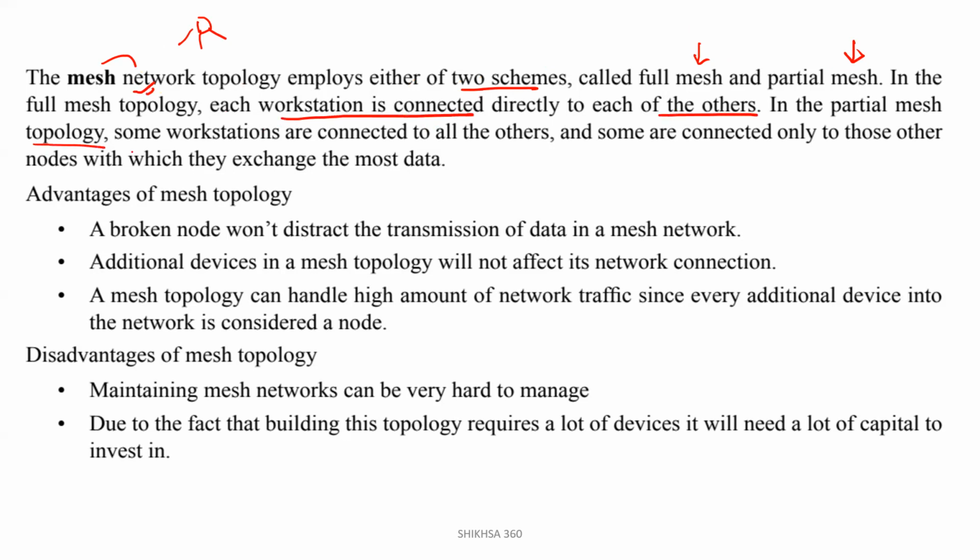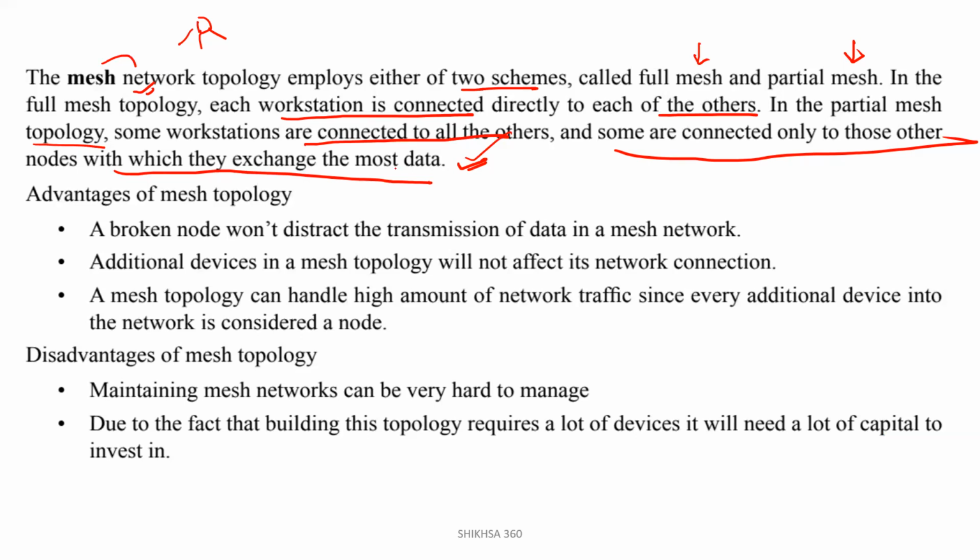In the partial mesh topology, some workstations are connected to all the others, and some are connected only to those nodes with which they exchange the most data. Clear?